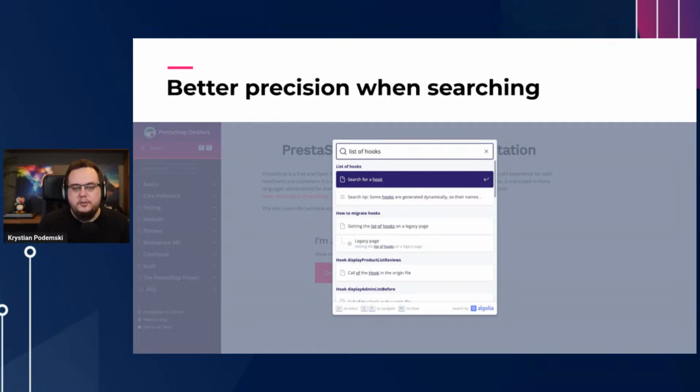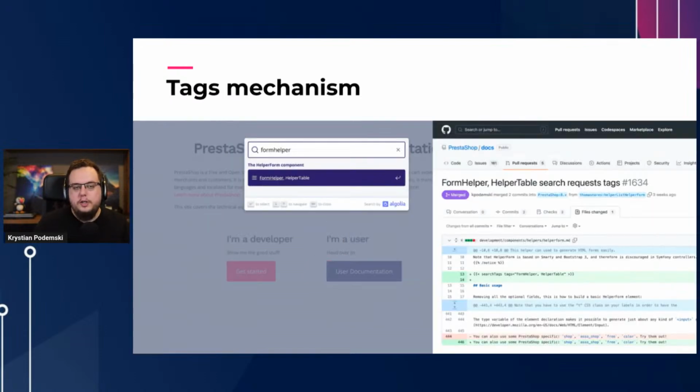By tweaking some settings in the Algolia crawler configuration, we managed to give a higher priority to the most commonly searched pages. The list of hooks page is now the number one result if you search for a list of hooks, which is obviously a huge improvement versus what we had in the past.